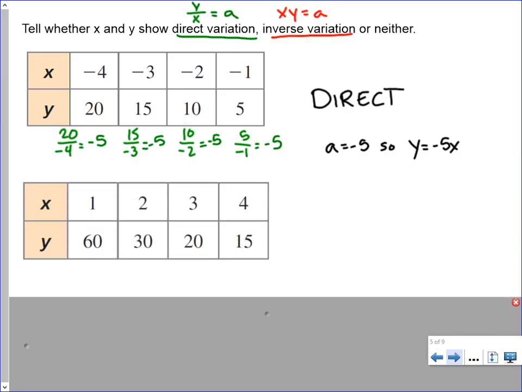Can you check this table? Some of you will write things down, and some of you might check it in your head or in your calculators, either is acceptable. Is this direct, inverse, or neither? So take a minute to look at that.